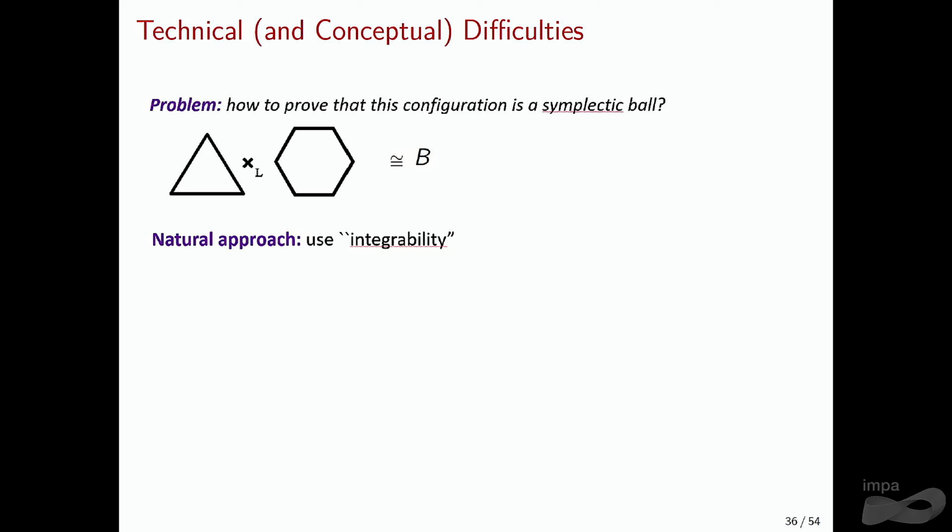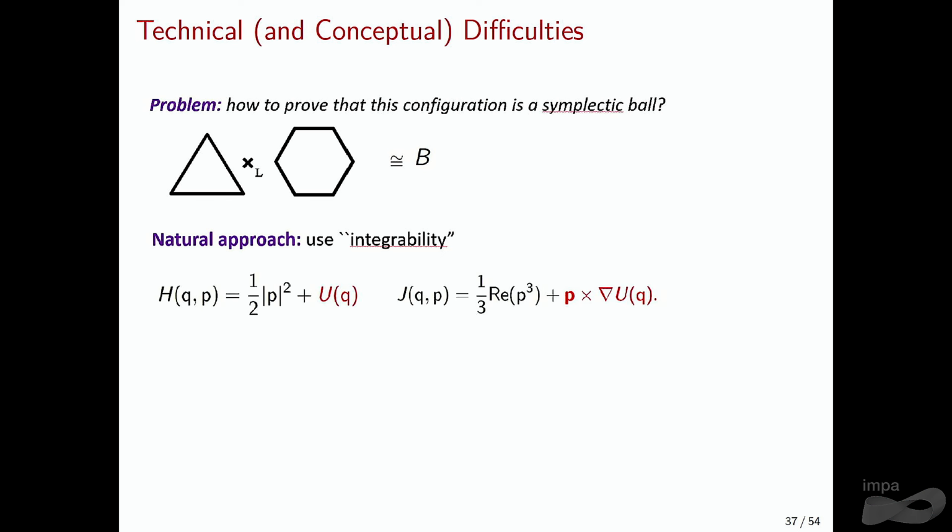In that work, he used the integrability of the classical Euclidean dynamics to understand the symplectic way to look at this particular configuration. So maybe the word natural here is slightly misleading. But again, one can try to use integrability.